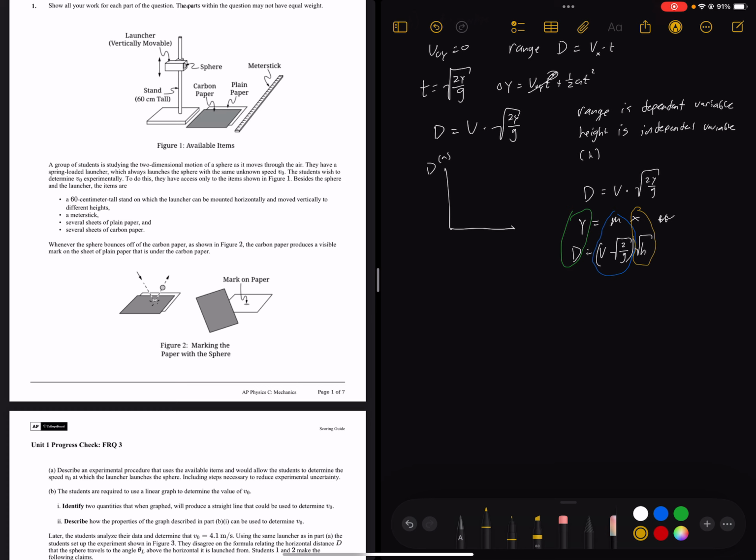So if I graph the range with respect to height, it's not going to be linear. But if I graph it with respect to the square root of height, then I'm going to get a line. All right, so that's the basic idea.